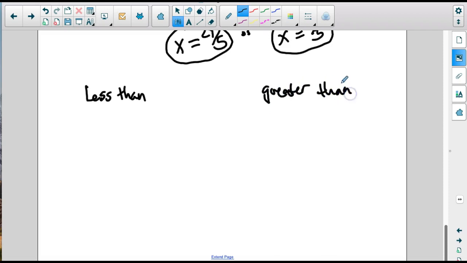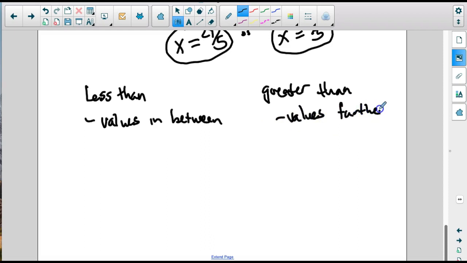And they're solved differently. Less than, we're going to be looking for values in between. And then greater than, we're going to be looking for values farther away.